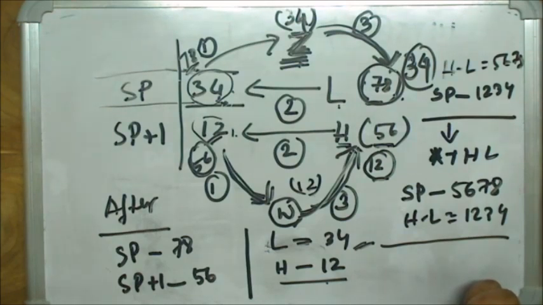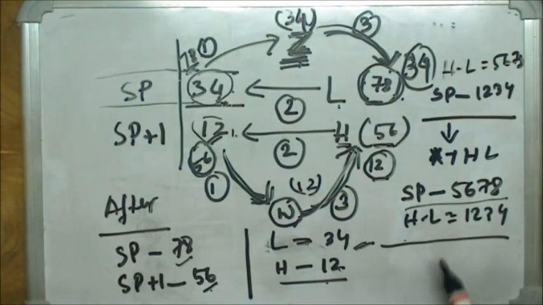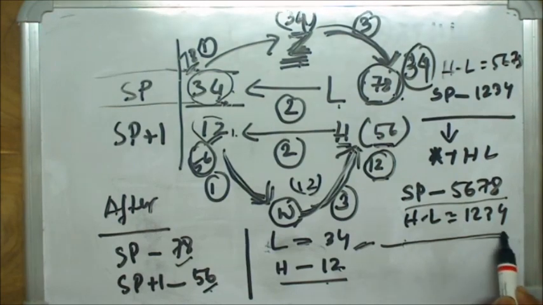I hope this is clear. So after your XTHL instruction, SP will be loaded with 78 and 56, SP plus 1 will be loaded, so SP will contain 5, 6, 7, 8H, and the HL pair will be containing 1, 2, 3, 4H.